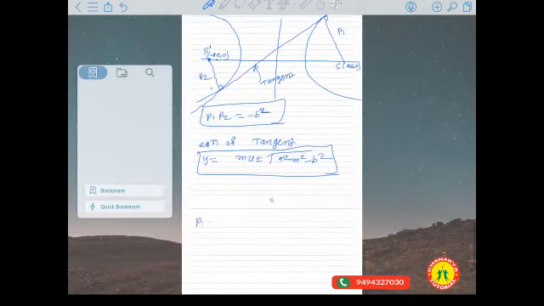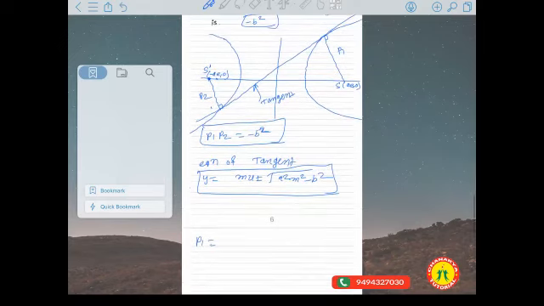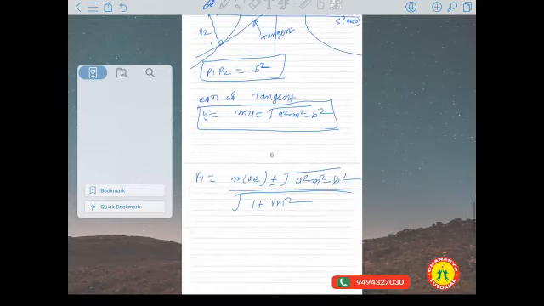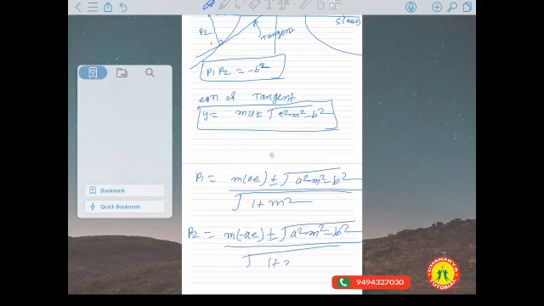P1 is, with the point a comma 0, x is a, y is 0: am plus minus root under a square m square minus b square upon root under 1 plus m square. And similarly P2 is m times minus a plus minus root under a square m square minus b square upon root under 1 plus m square.